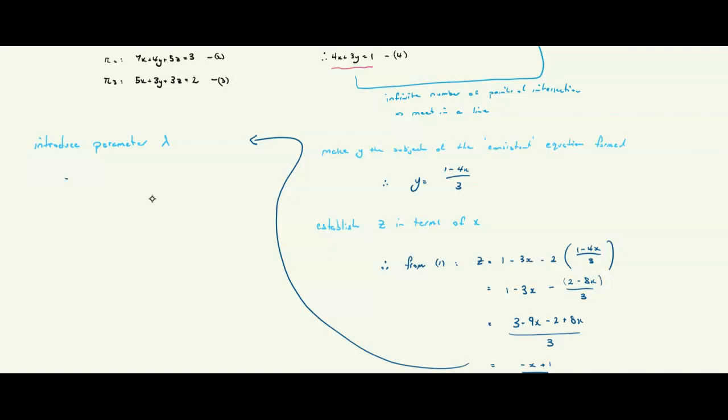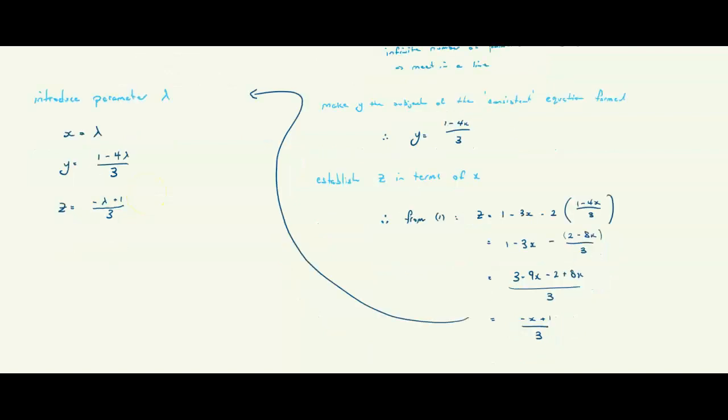Whatever I've made everything else in terms of, that's going to be defined as my parameter. So x equals lambda. I can therefore say that y equals 1 minus 4 lambda over 3, and z is equal to 1 minus lambda over 3.